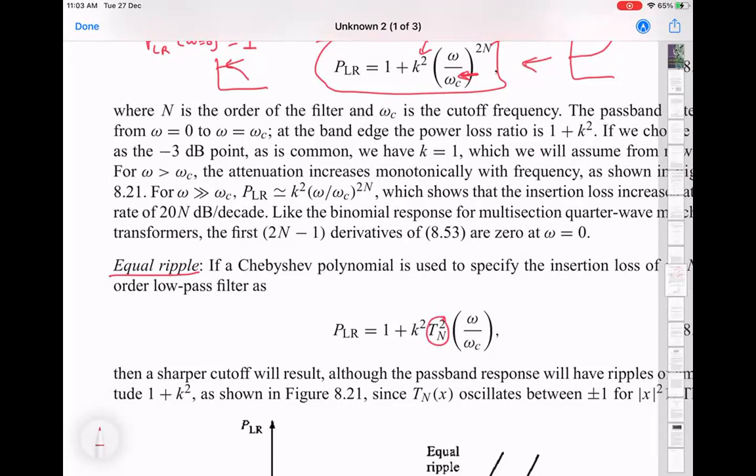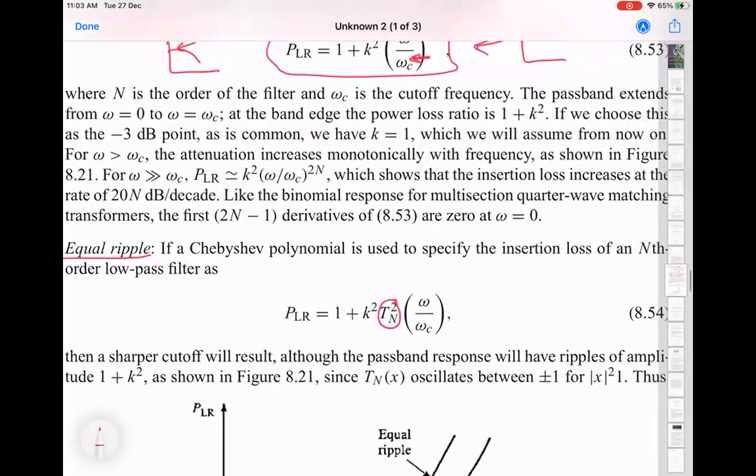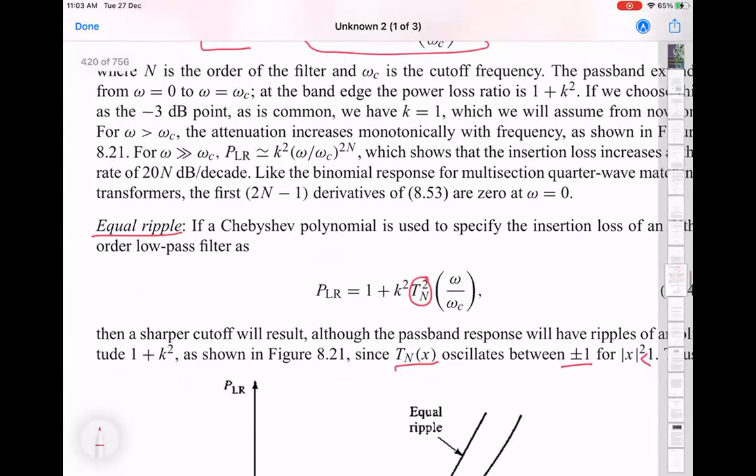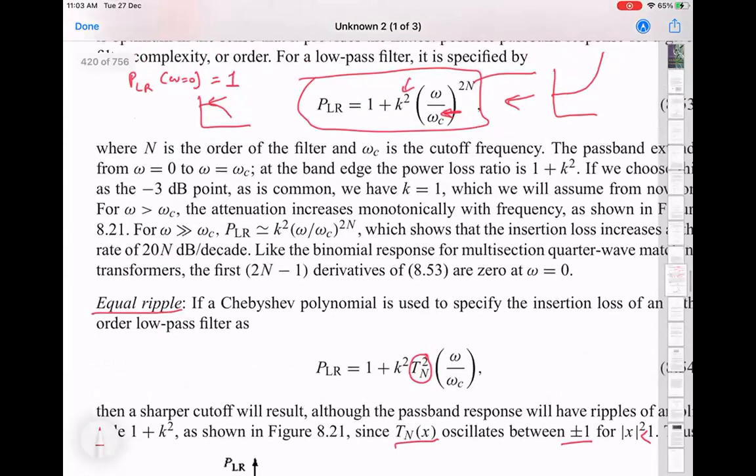And this is called an equiripple or a Chebyshev filter. Okay, so this Tn is basically this Chebyshev polynomial, which oscillates between plus or minus 1 for, I think, mod x square less than 1. So you see that this part here outside of the Tn has the same function as this guy.